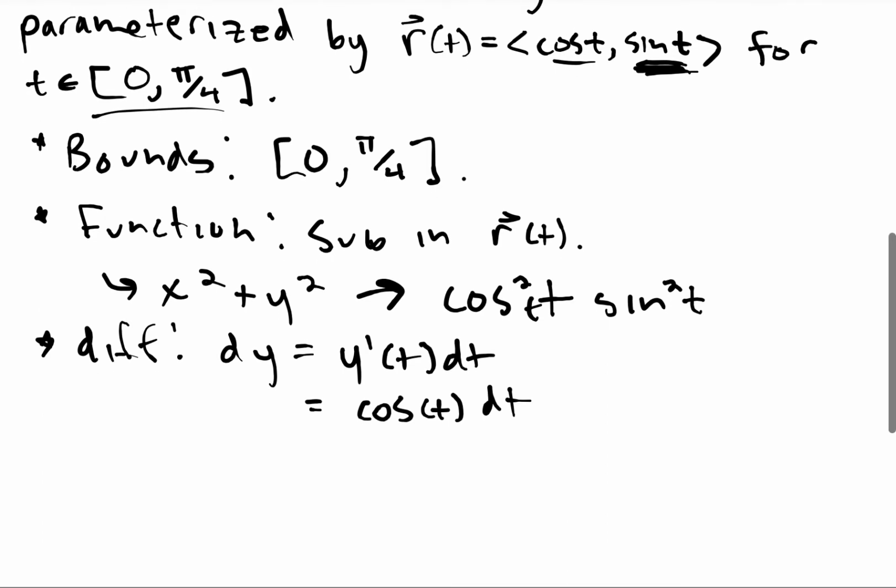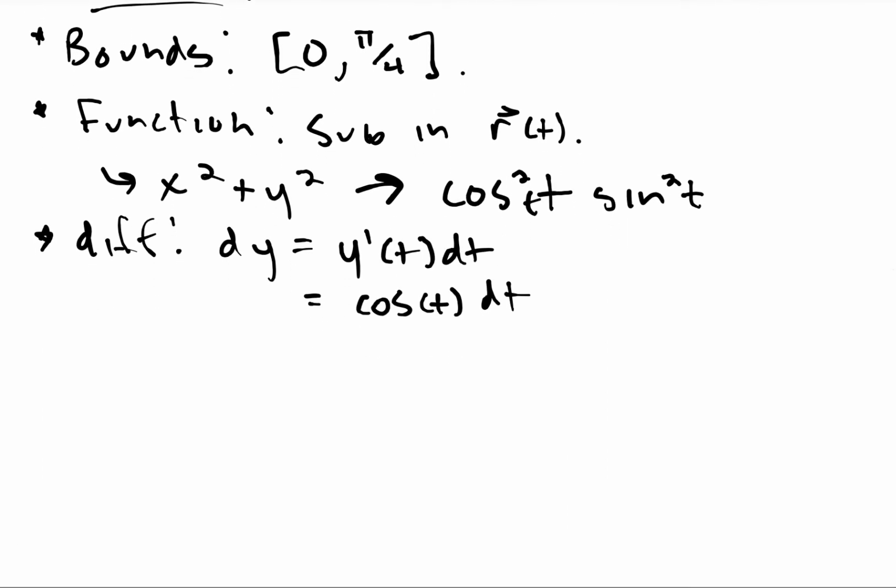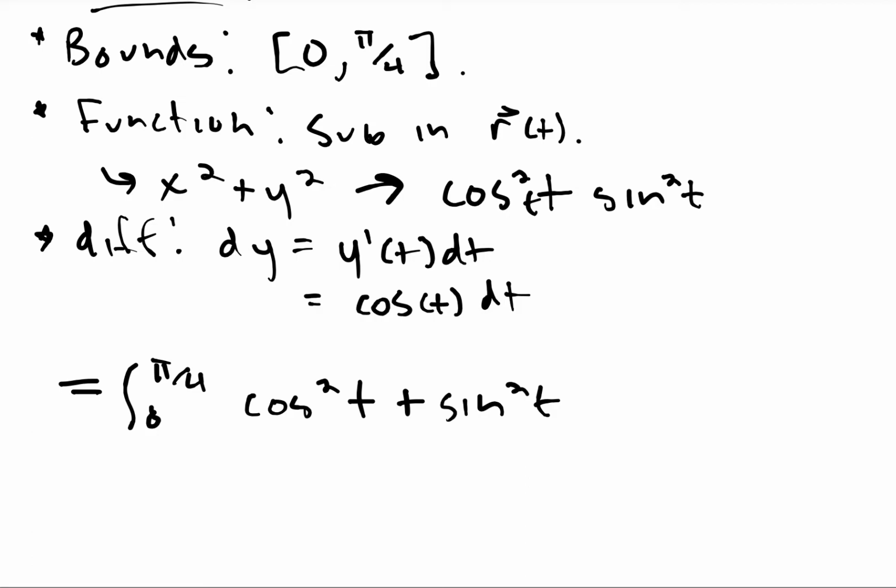If I piece all of this together, my new bounds are 0 to pi over 4, my new function is cosine squared of t plus sine squared of t, and my new differential that I get to throw on the end is going to be y prime of t dt, so just cosine t dt.